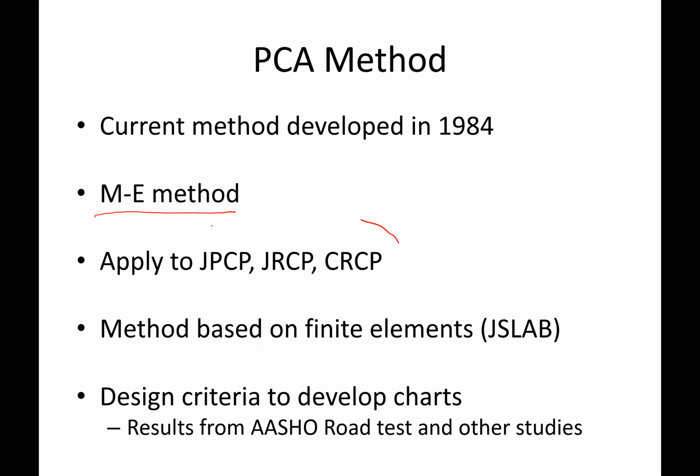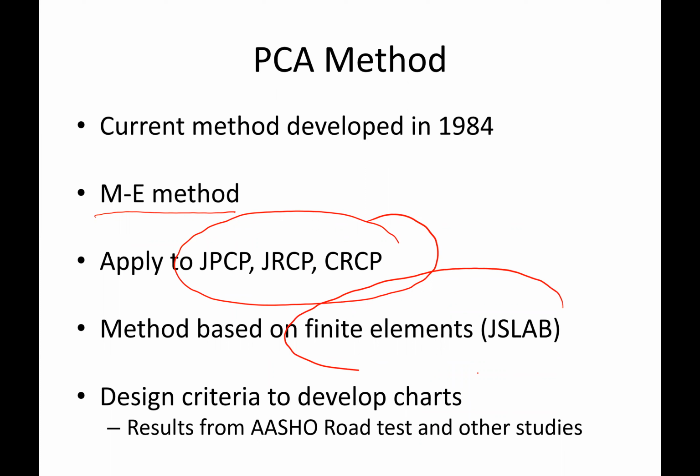It can be used for all types of pavement, JPCP, JRCP, CRCP. This method has the charts and tables that you will refer to, all developed based on finite element calculation, using JSLAB, the software they use to calculate and produce the tables and charts.